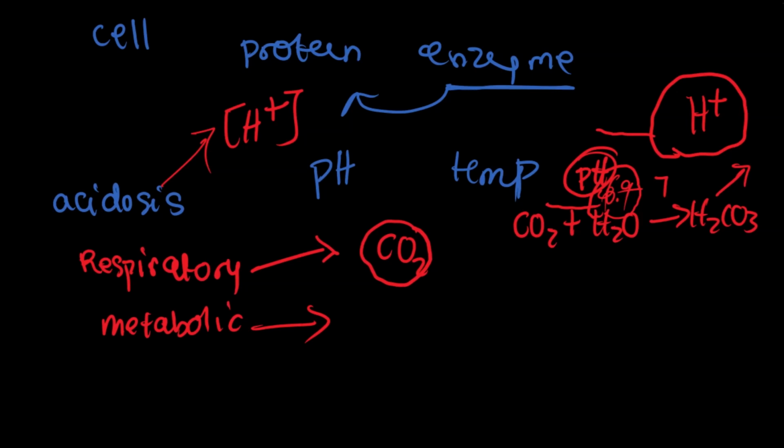Now metabolic acidosis results from certain kidney diseases. The kidney works by ultrafiltration and reabsorption. So the kidney helps to reabsorb certain ions that are needed in the body. When there is a drop in hydrogen ion concentration, the kidney tubules help to reabsorb these hydrogen ions.